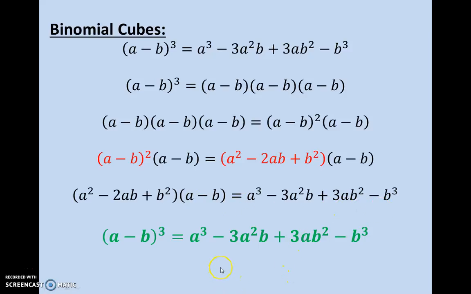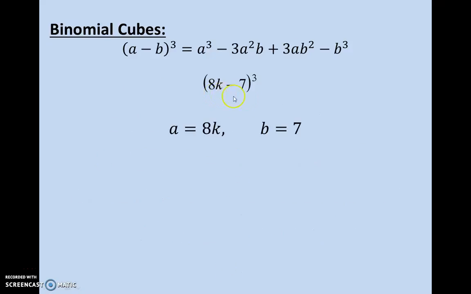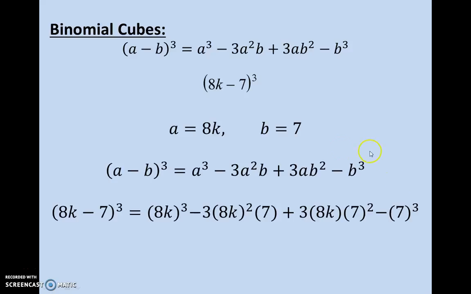Let's replace a and b with terms from another binomial that we're cubing. So a is 8k and b is 7. This is one where you're going to probably need to use a calculator to simplify your answer. Just going to tell you that right now. So let's write out the product pattern and start replacing our a's and b's with 8k and 7.